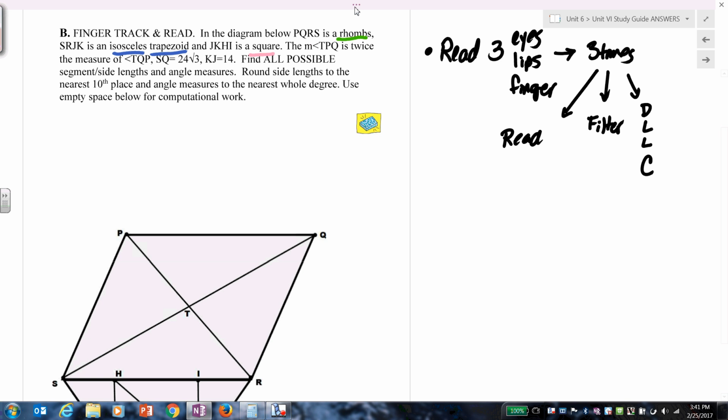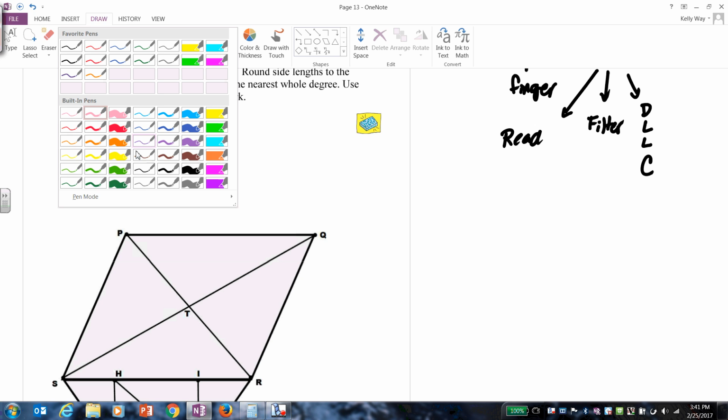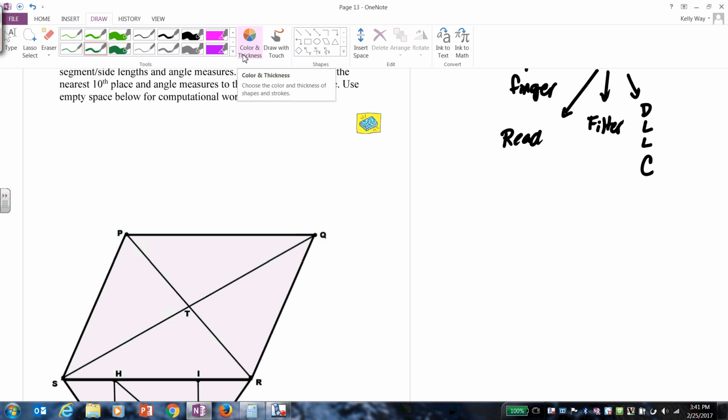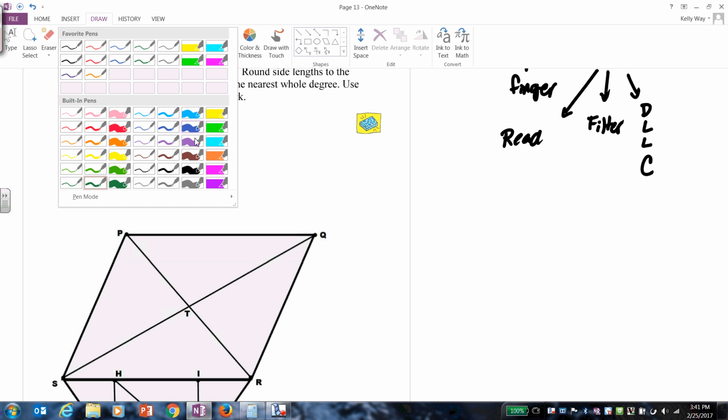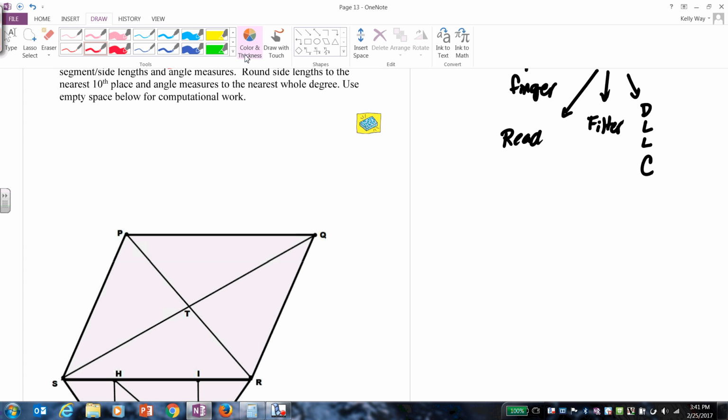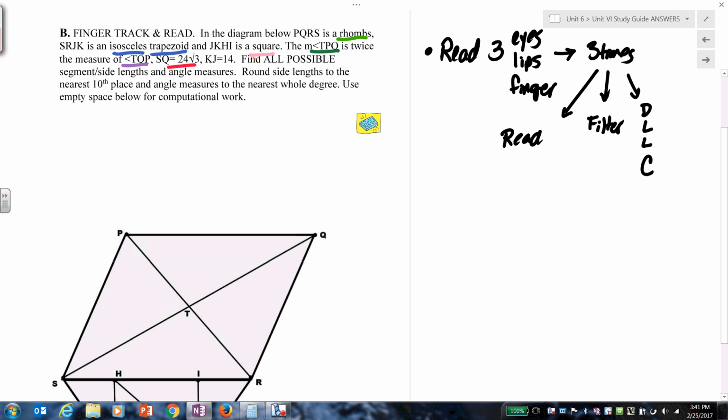The measure of angle TPQ is twice the measure of TQP. The distance S to Q is 24 root 3. And KJ is 14. We're going to find everything we can.